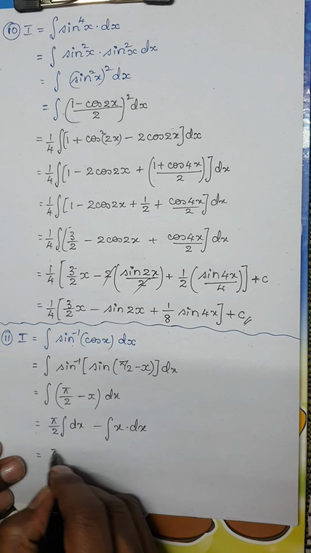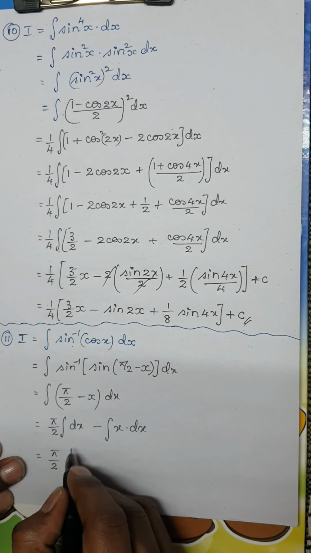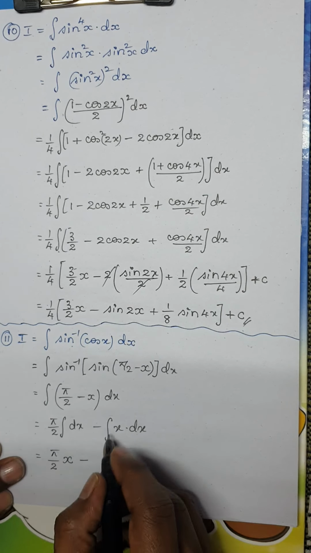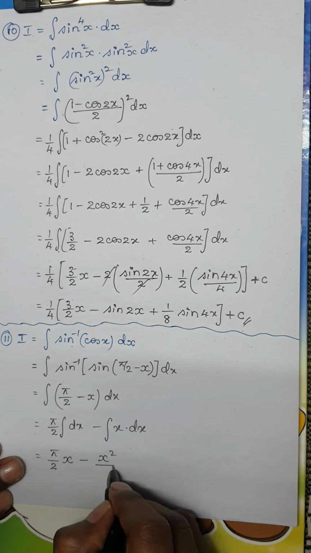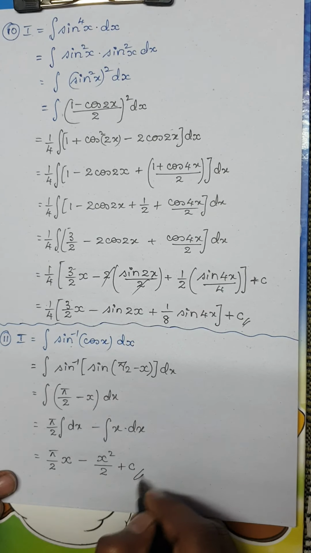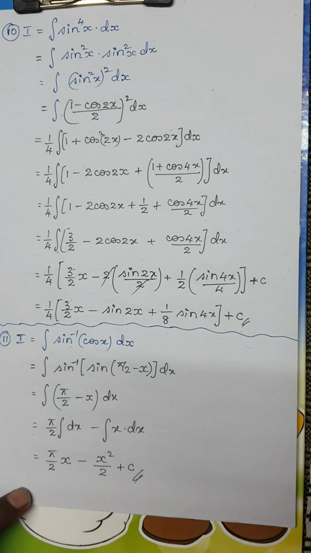This is nothing but pi by 2 into integral of dx, which is x, minus integral of x, which is x square by 2, plus c, which is the constant of integration, and this is the final answer for the given integral.